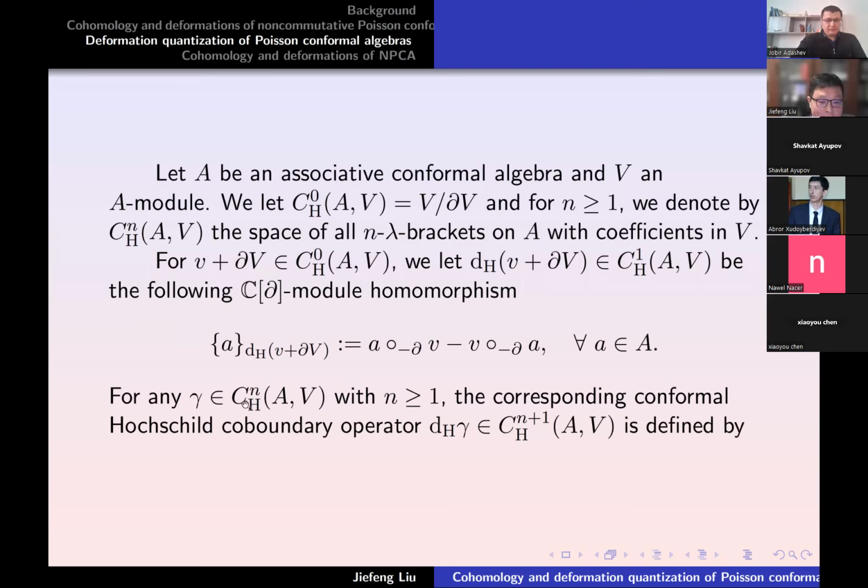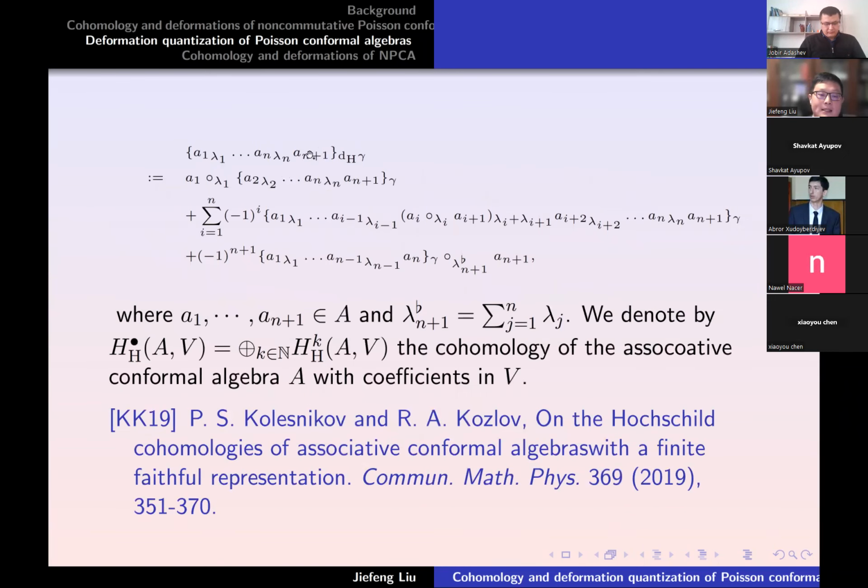For gamma in CHn(A,V) with n greater than or equal to 1, the corresponding conformal Hochschild coboundary operator is defined by this formula. It's very similar to the classical one, but without some lambda I. We denote by H dot the cohomology of the associative conformal algebra A.